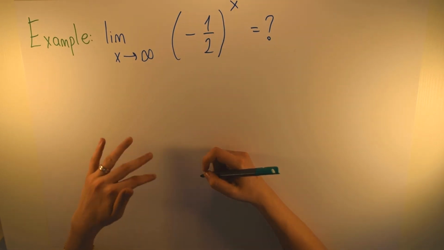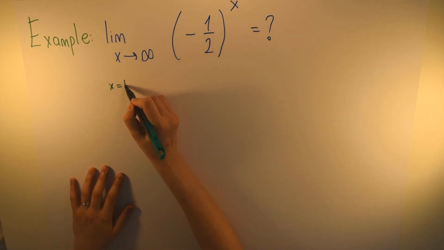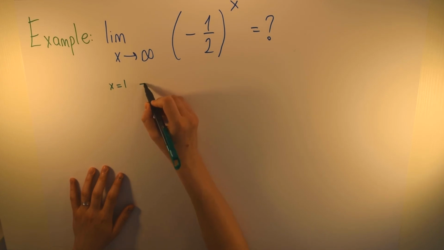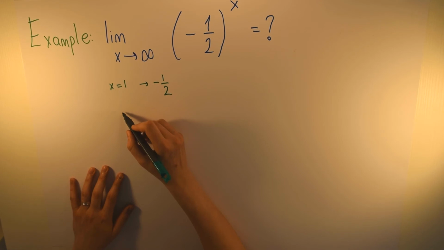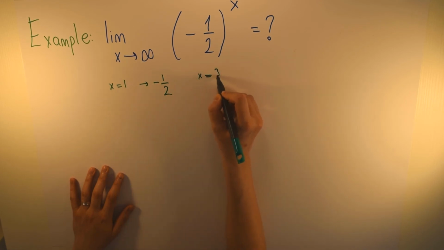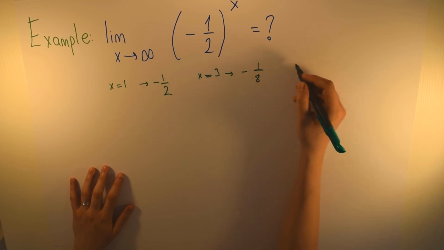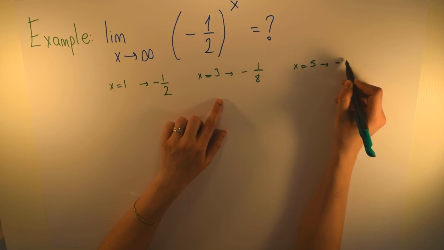So let's look at its odd values first. Let's say x is equal to 1, and then our expression will be equal to minus 1 over 2, right? When x is equal to 3, this will be equal to minus 1 over 8. When x is equal to 5, this will be equal to minus 1 over 32.